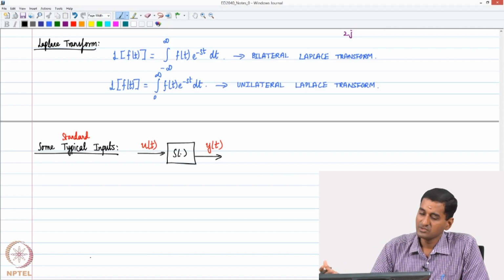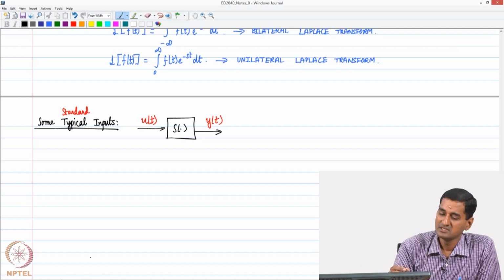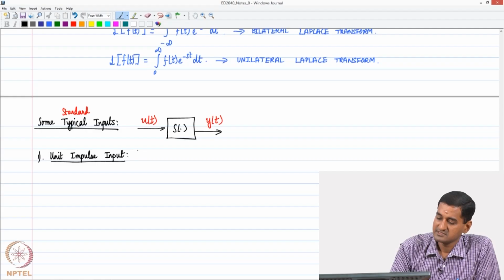So for that purpose, we use some standard inputs. Let's look at each one of them, and then we will come back to the Laplace transform. First we will look at what is called a unit impulse input. So what is this unit impulse input? This is also called the Dirac delta function.